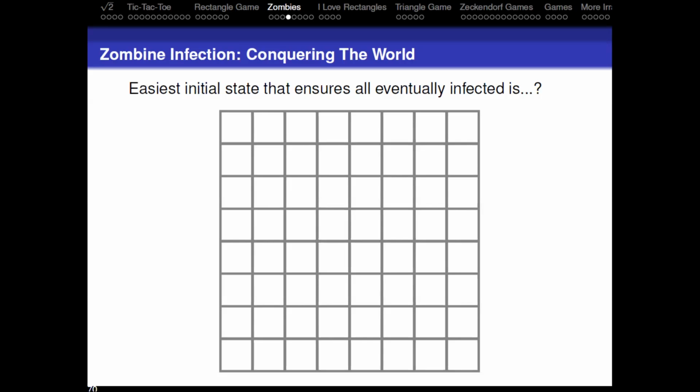We can have 2 squares, and they're like from this one and this one. Wait. Well, but no, be cruder. You're being too clever right now. Okay. What's the simplest configuration that guarantees everybody's infected at some point?